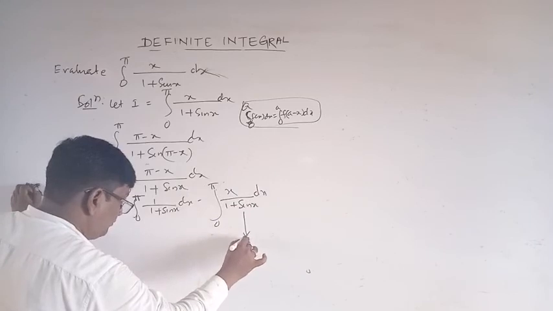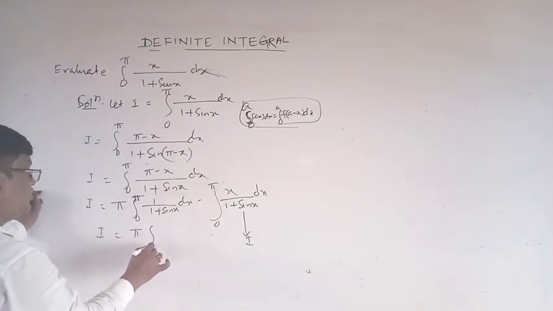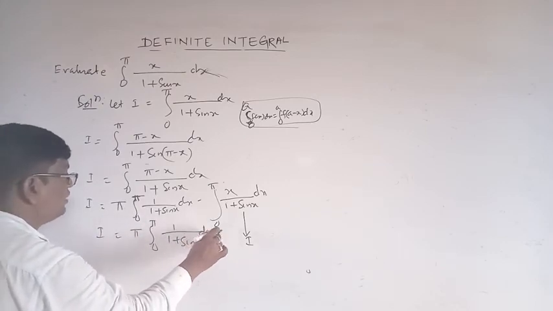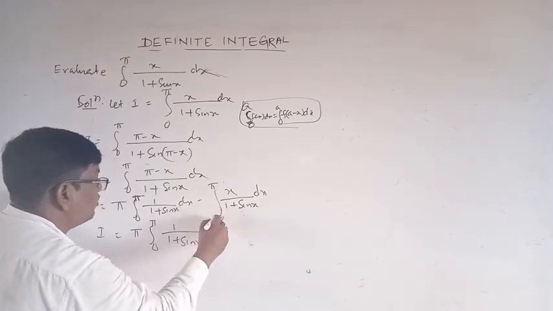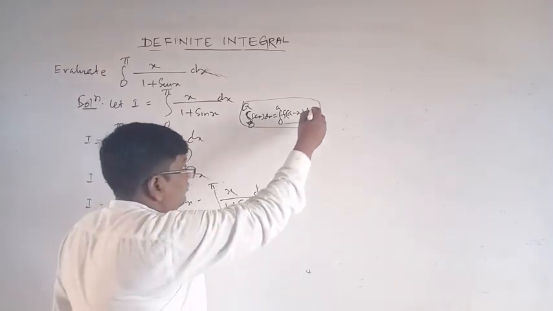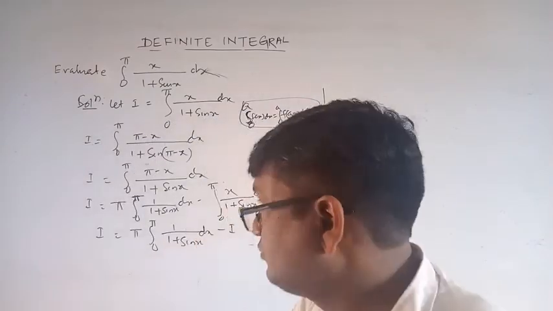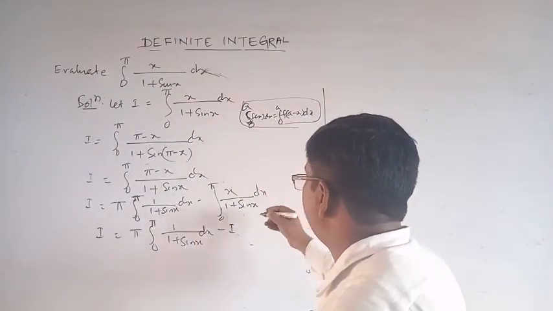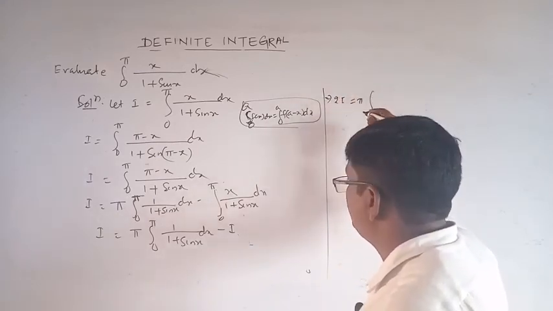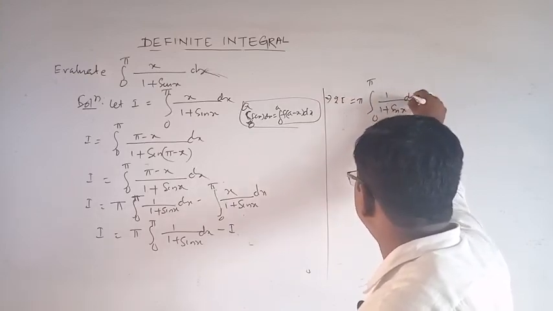This is I. So I is equal to pi into integral 0 to pi of 1 by 1 plus sin x dx minus this is I. Now 2I is equal to pi into integral 0 to pi of 1 by 1 plus sin x dx.